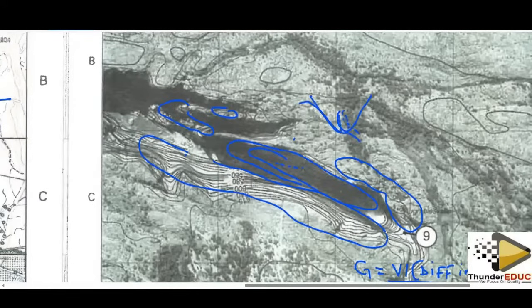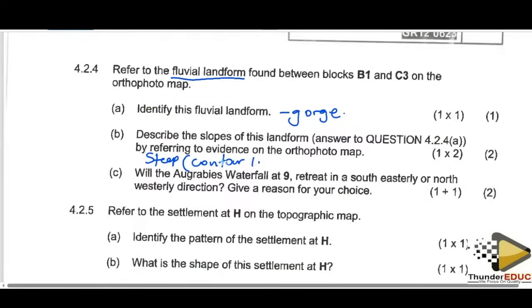Now describe the slopes of this landform, like we've mentioned. The slopes are steep, and we need to give a reason why they are steep. For the map, we say because contour lines are close to each other.